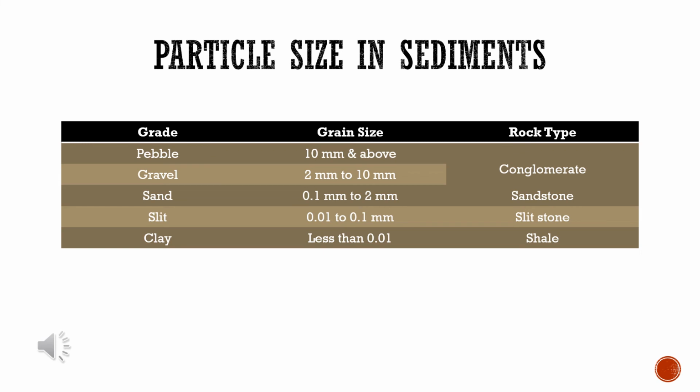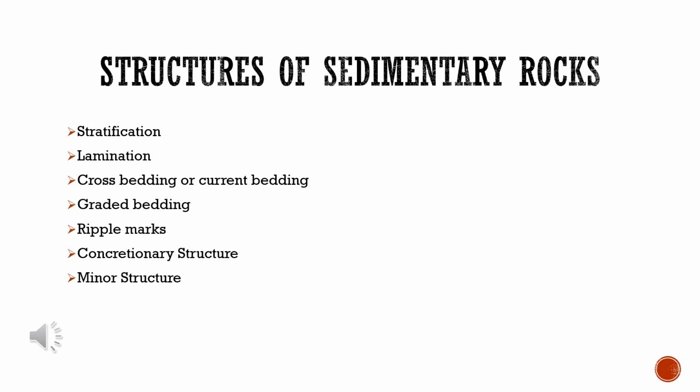Clay, less than 0.01, a shale. Structures of sedimentary rocks: stratification, lamination, cross bedding or current bedding, graded bedding, ripple marks, concatenary structure, minor structure.